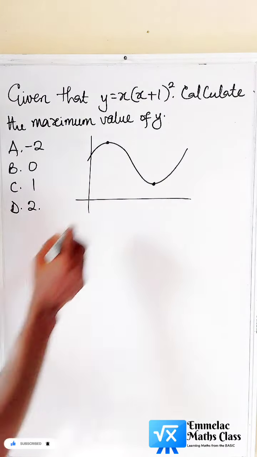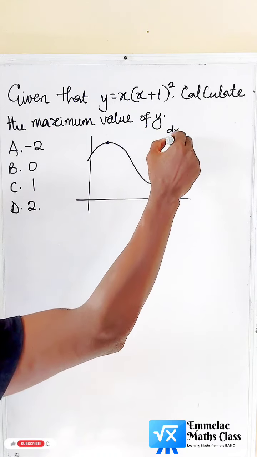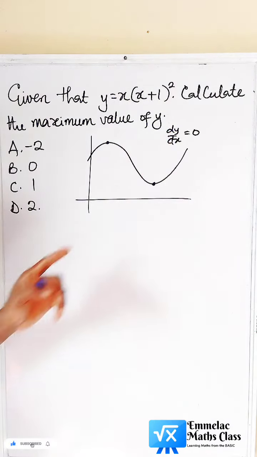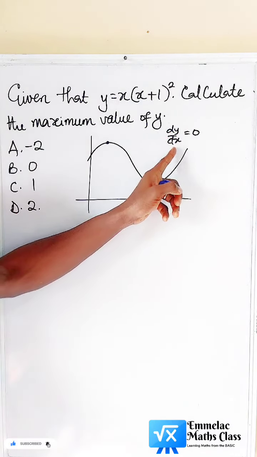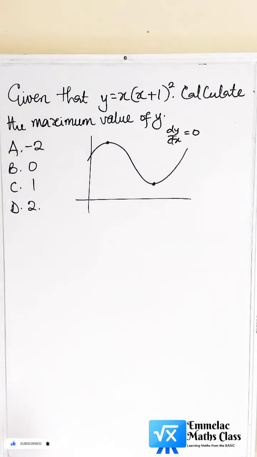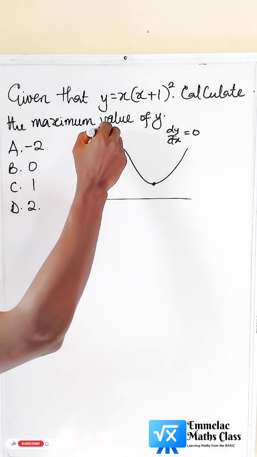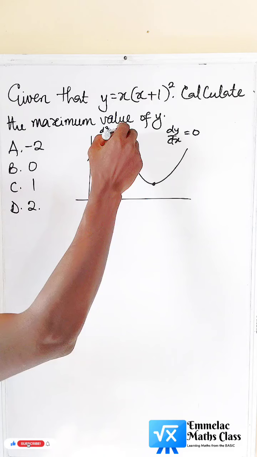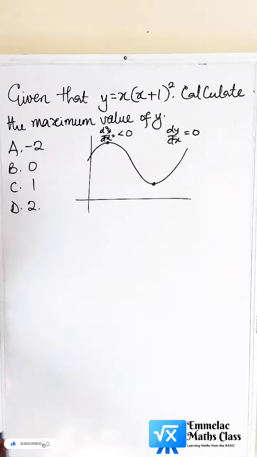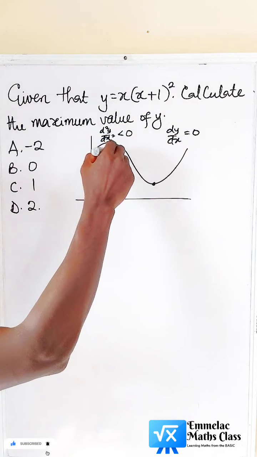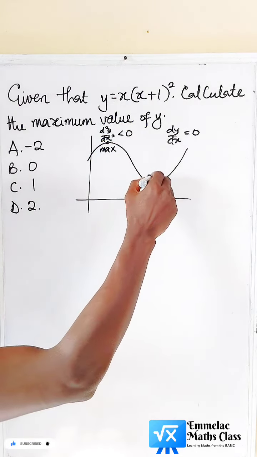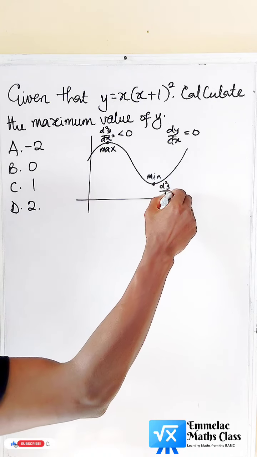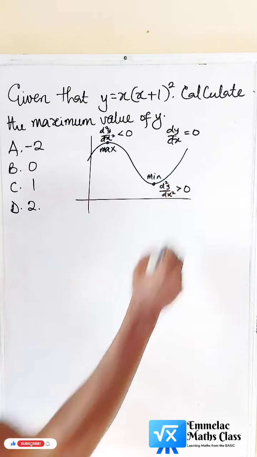Now let us take note that dy/dx at this point equals 0, which means at a turning point the change in y over the change in x equals 0. Also take note that the second derivative, d²y/dx², is less than 0 at the maximum, and at the minimum d²y/dx² is greater than 0.